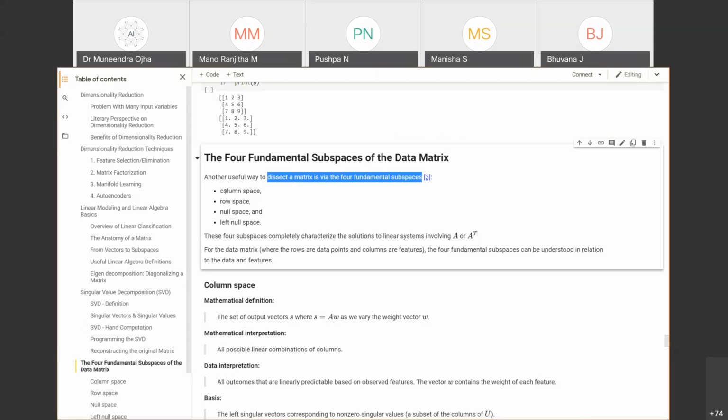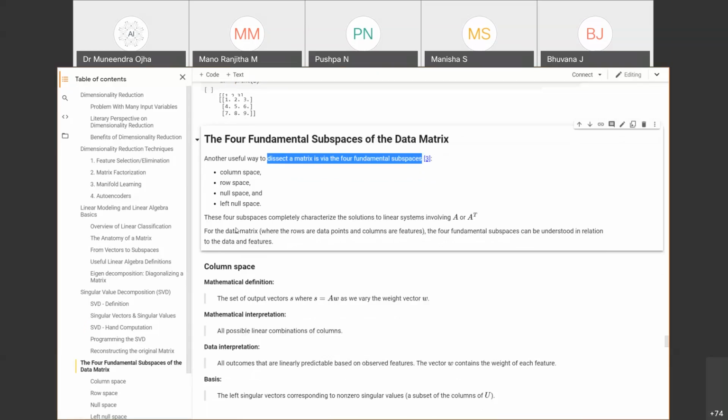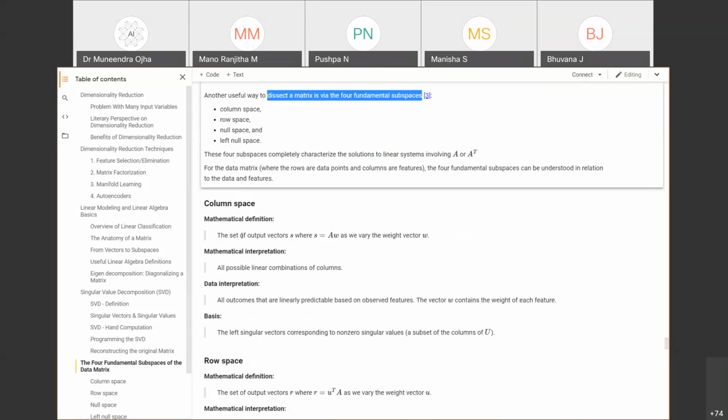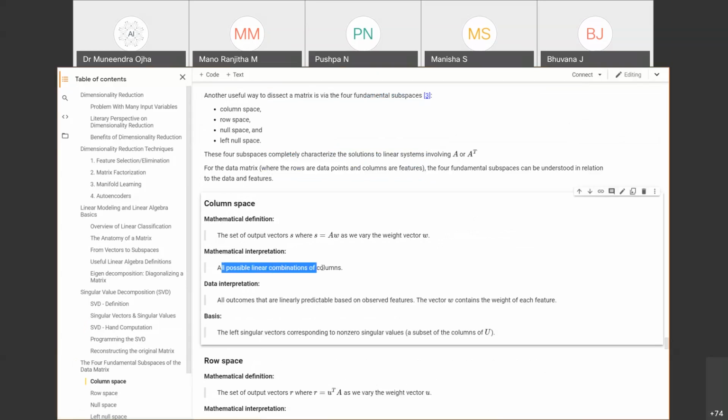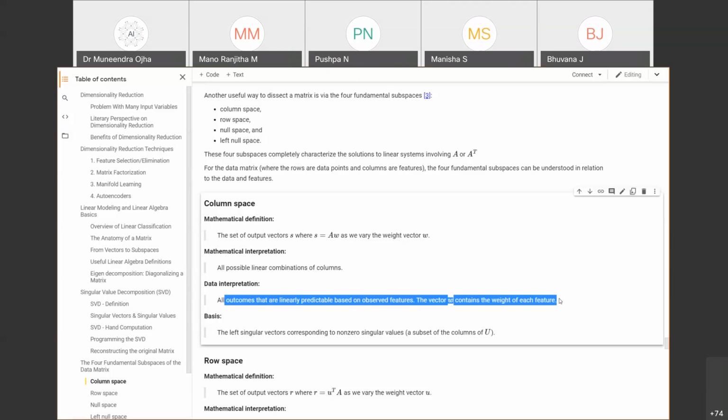The column space is the set of output vectors S where S is equal to AW as we vary the weights W. What is the mathematical interpretation? All possible linear combinations of columns. Data interpretation: all outcomes that are linearly predictable based on observed features. The vector W contains the weight of each feature.